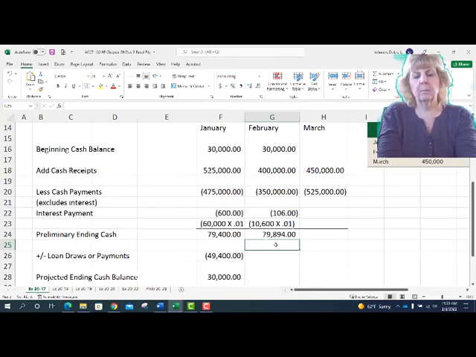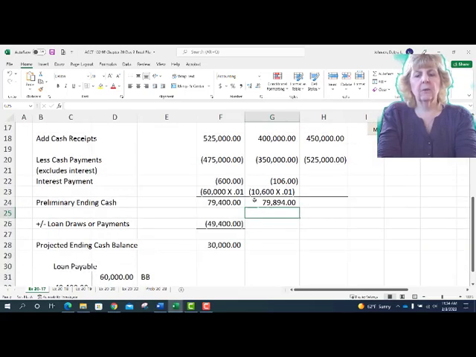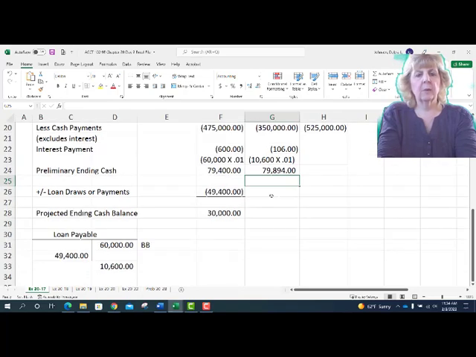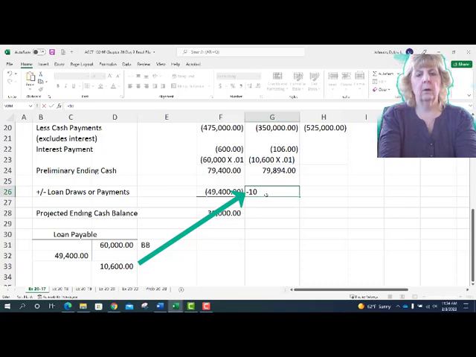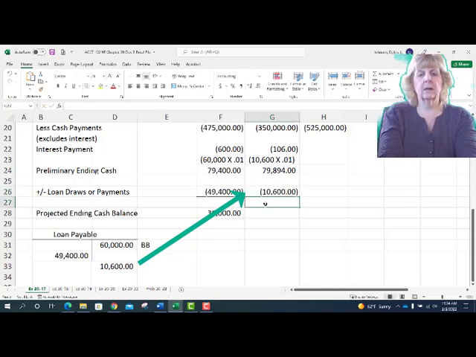Once again, the book told us that anything above $30,000 would be used to repay the loan back. Well, we clearly have more than the $30,000 minimum balance. So looking at this loan payable balance, I'm going to pay that loan off with the additional funds that I have.